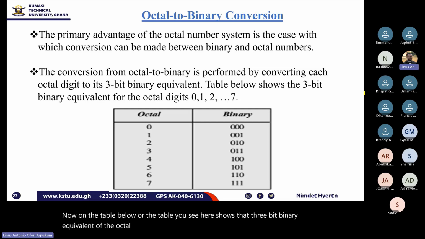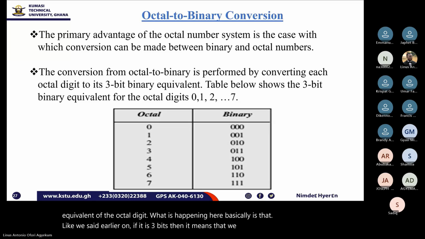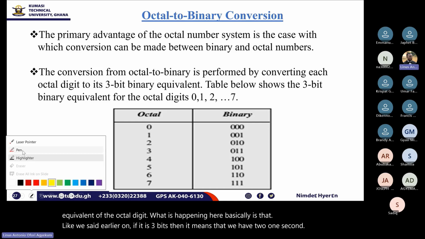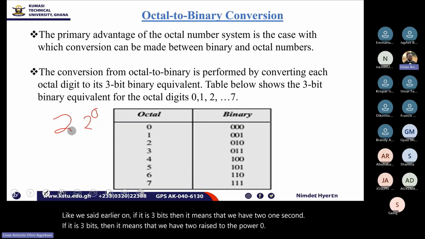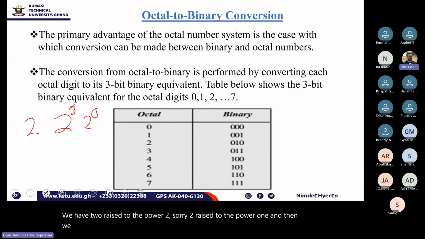What is happening here basically is that, like we said earlier, if it is 3 bits, then we have 2 raised to the power 0, 2 raised to the power 1, and then 2 raised to the power 2.